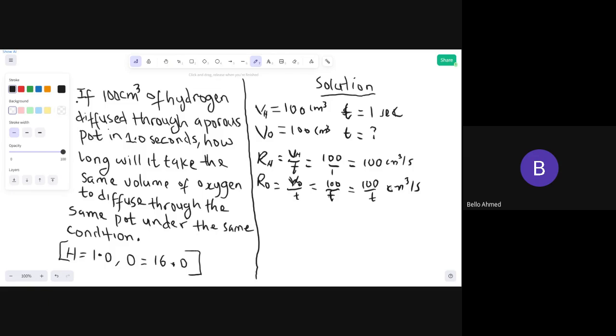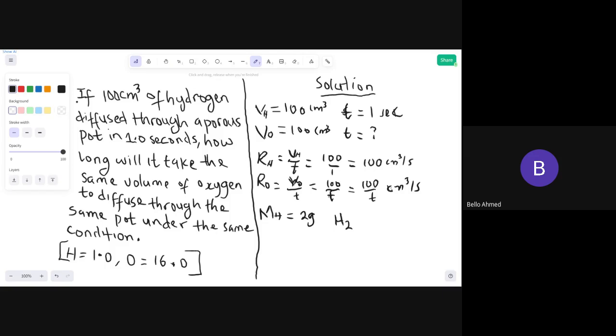What about the molecular mass? Because we have that parameter in our formula as well. So we have to find the relative molecular mass of hydrogen, which I'm going to call mH. Don't forget that the relative molecular mass of hydrogen is actually 2 grams. Somebody is going to ask, how did we get the 2 grams? Of course, you know that the hydrogen atom is H, while the hydrogen molecule is H2.